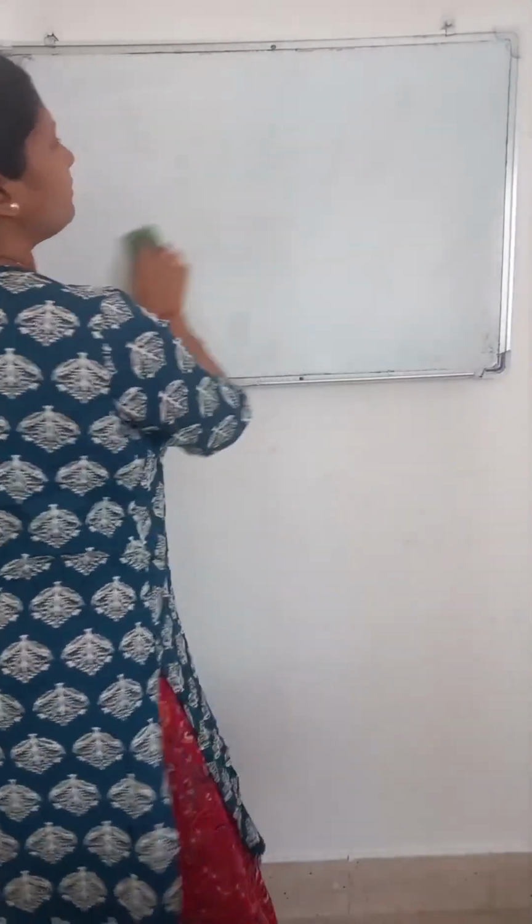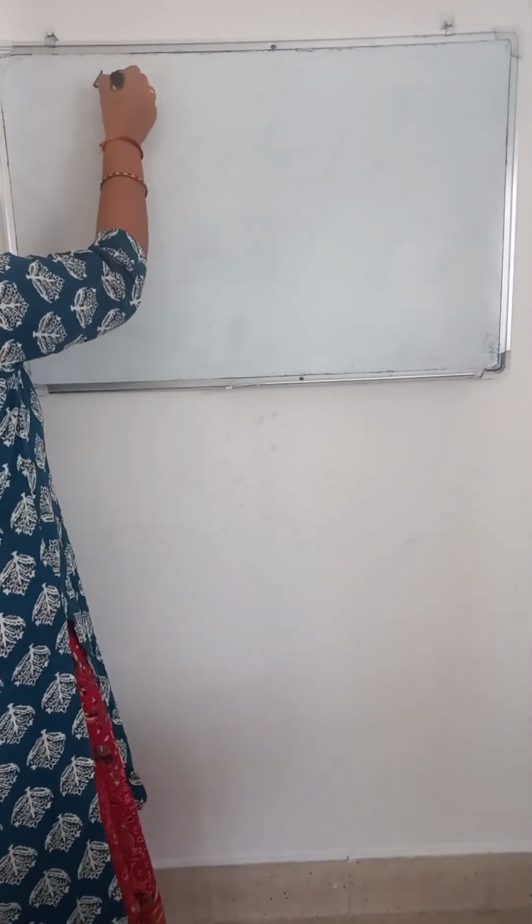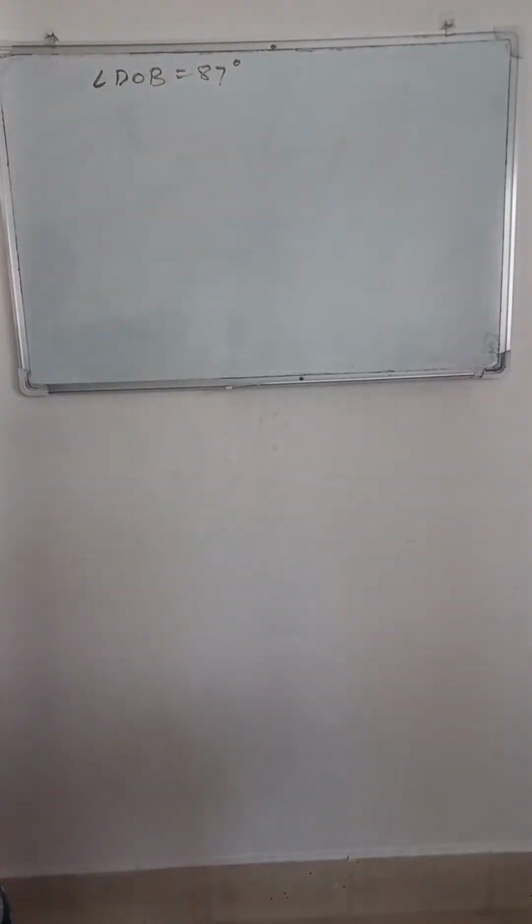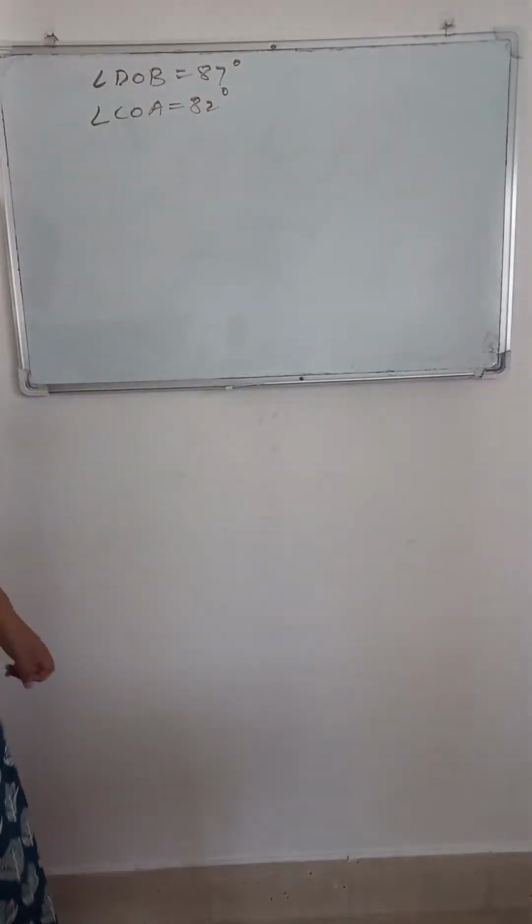I will repeat one more time. Here the question is that in the figure, DOB is equal to 87 and angle COA is equal to 82 degrees.